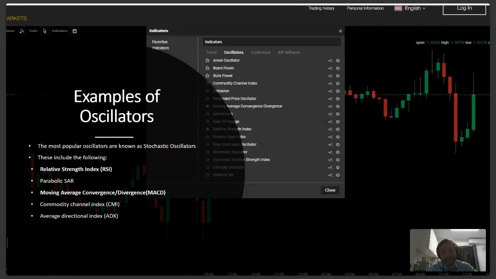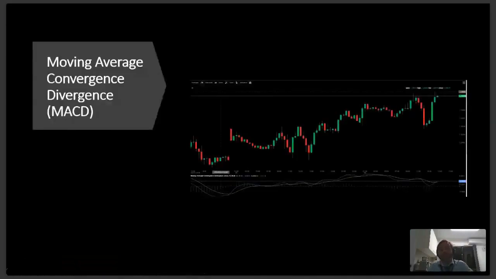Average directional index. Detrended price oscillator. So those are just a few of the oscillators. But like I say, for part one today, we're only going to focus on two. So let's start off with moving average convergence divergence, or simply known as MACD.